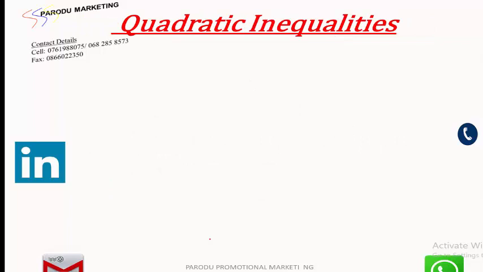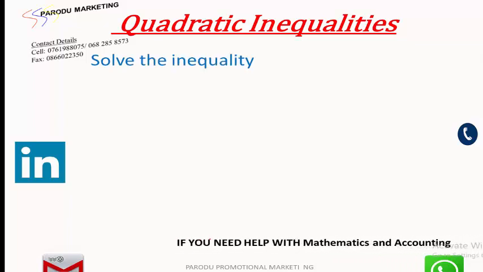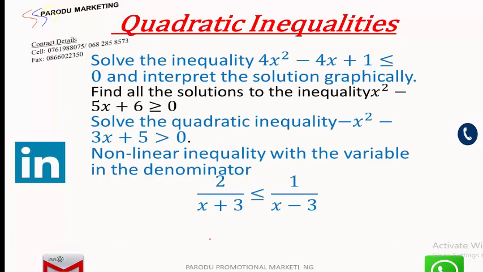So now you look at, lastly, quadratic inequalities. For quadratic inequalities, solve the inequality 4x squared minus 4x plus 1 greater than or equal to 0, and interpret the solution graphically.